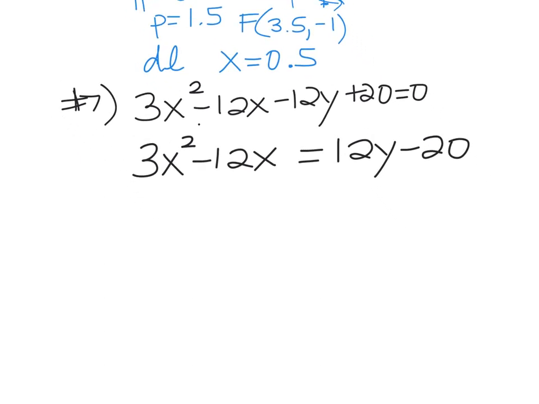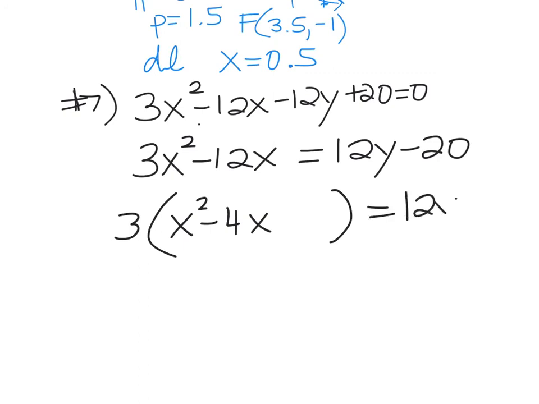All right, in order to make this polynomial on the left a perfect square trinomial, that 3 is getting in our way. So what we're going to do is factor out the 3 of those two terms. So you have x squared minus 4x, and then leave a blank because we're going to have to complete that square on the inside. And over here, nothing changes. 12y minus 20.